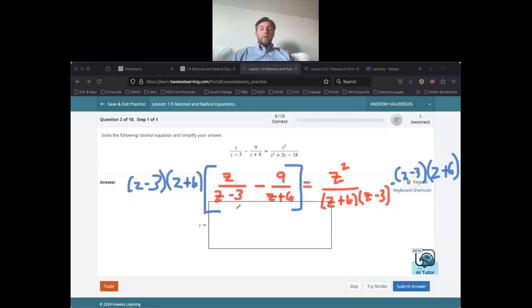So what do I do now? This first fraction has a z minus 3, so it'll cancel with it to leave a z plus 6. Do y'all see that? So I take the z here in the top and I put it on the outside of the z plus 6 that's left behind.